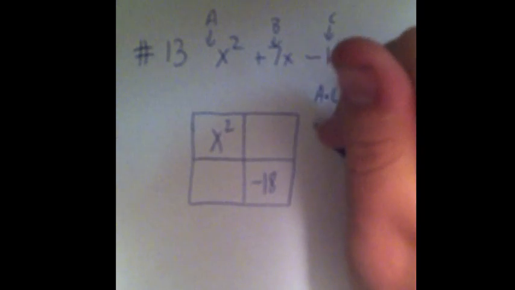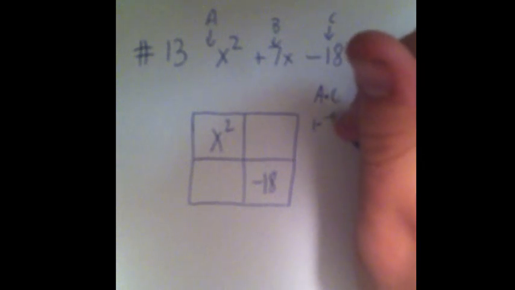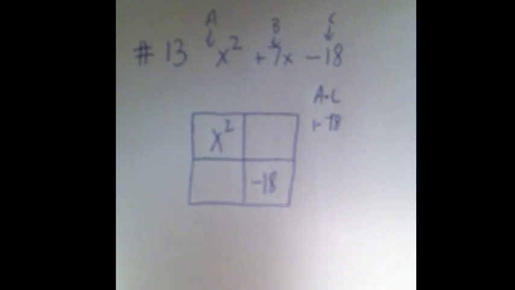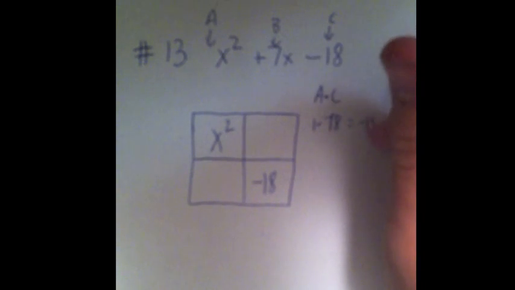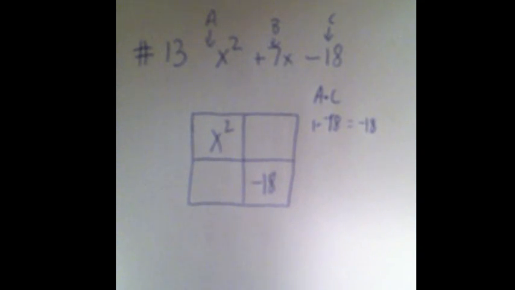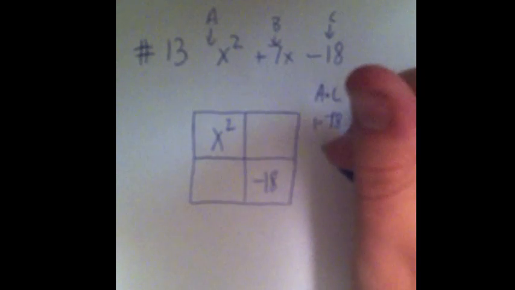Okay, so now a times c. We know a times c is going to be 1 times negative 18, which is equal to negative 18. So now we need to find the factors of negative 18 that will add up to positive 7.